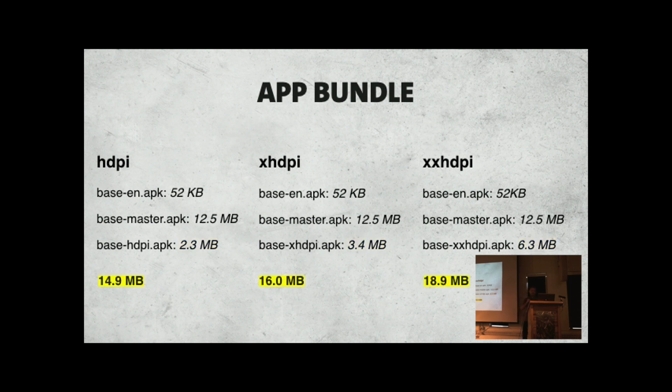If you summarize the size of each APK, you can see that even in the case of XXHDPI, the final size will be around 19 megabytes. And in the case I showed before, where we were optimized, we got 24 megabytes. So even in this case, we are benefiting. Even if the user has a really good screen density, XXHDPI, he still gets a smaller APK when downloading it from the Play Store.